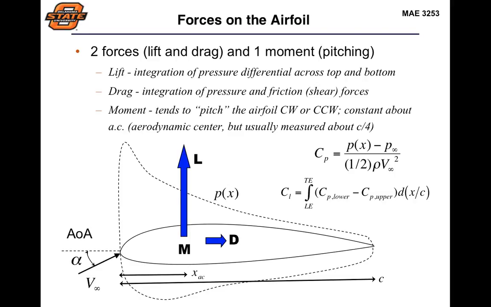So calculating that pressure force is really determined by the velocity first, calculating the local velocity vector around the airfoil, and then calculating the pressure directly from that, and then calculating that pressure coefficient, which is the local pressure at a given chordwise location along that airfoil. Then we integrate that along the upper and the lower surface, and that will give us our lift coefficient.